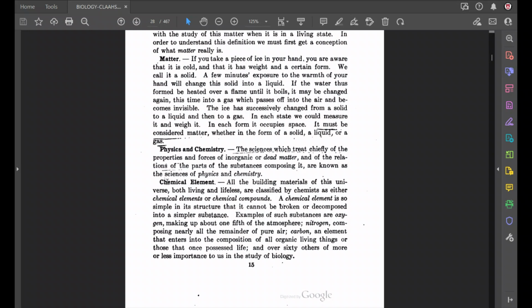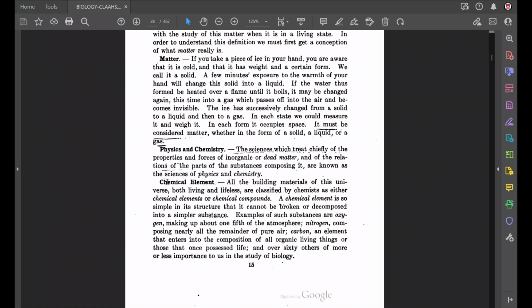Gold, for example, is a chemical element. Iron is a chemical element. Lead is a chemical element. So there are many chemical elements you're familiar with. Some of them you actually can see. Some of them you can handle and have seen before. Others are mixed up with other elements and you never see them in their pure form.